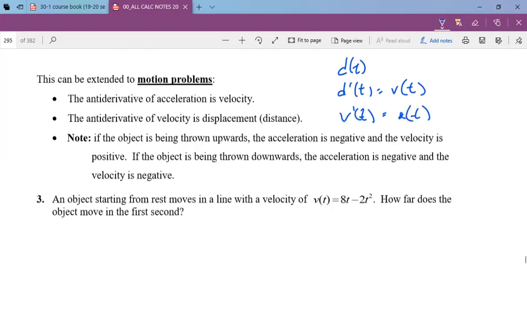So the antiderivative of acceleration is velocity, and the antiderivative of velocity is displacement. That's just going back up the tree compared to what we did before.